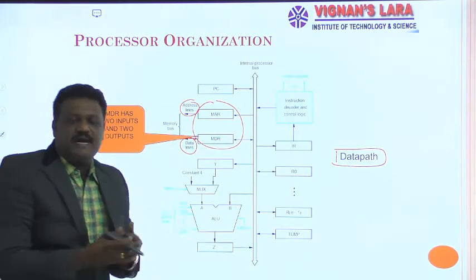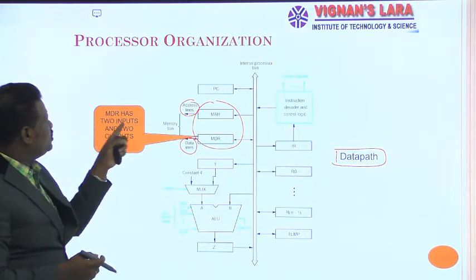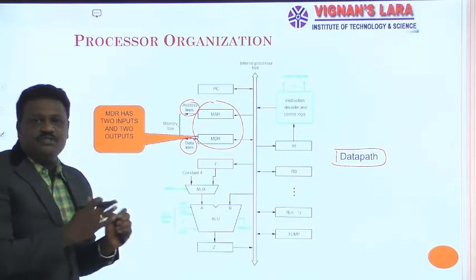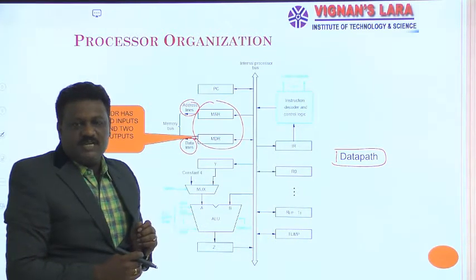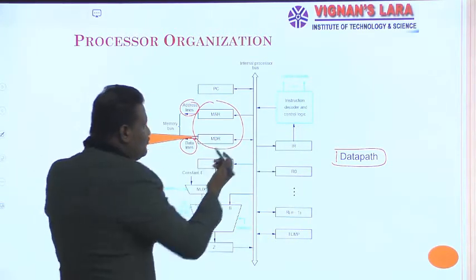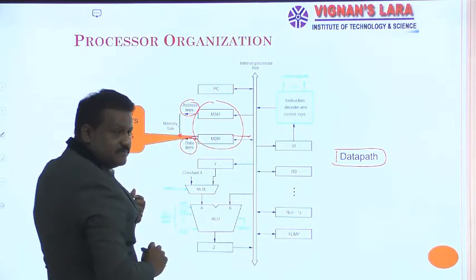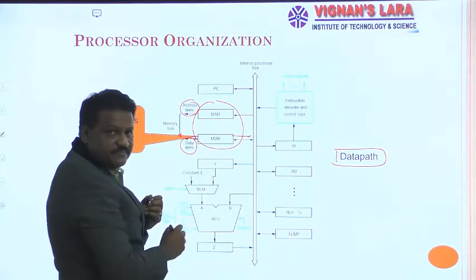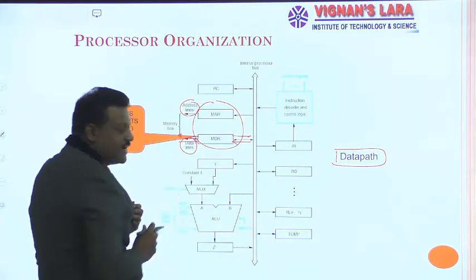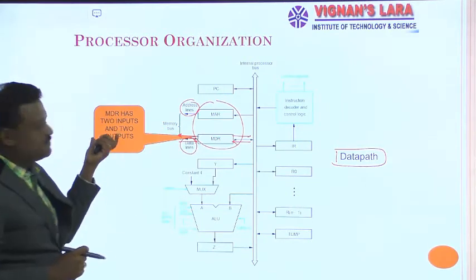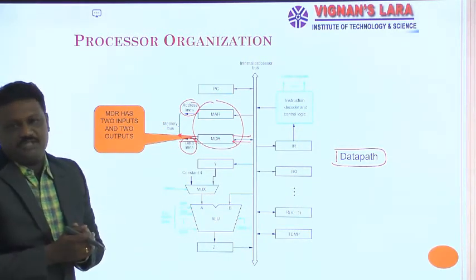Why is it bidirectional? MDR has 2 inputs and 2 outputs, in the sense its direction is bidirectional. This is one output and this is the other output, so there are 2 outputs and 2 inputs. This is the first input and this is the second input. That is the meaning of this statement: MDR has 2 inputs and 2 outputs.